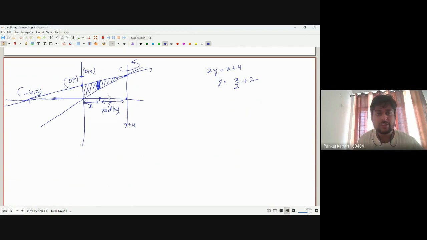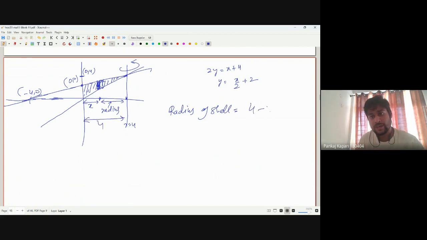And what will be the height of our cell? The height of the cell in this particular case is precisely this length. So let's write the radius of the cell to be equal to, the whole length is 4, so the radius is 4 minus x. What is the height?